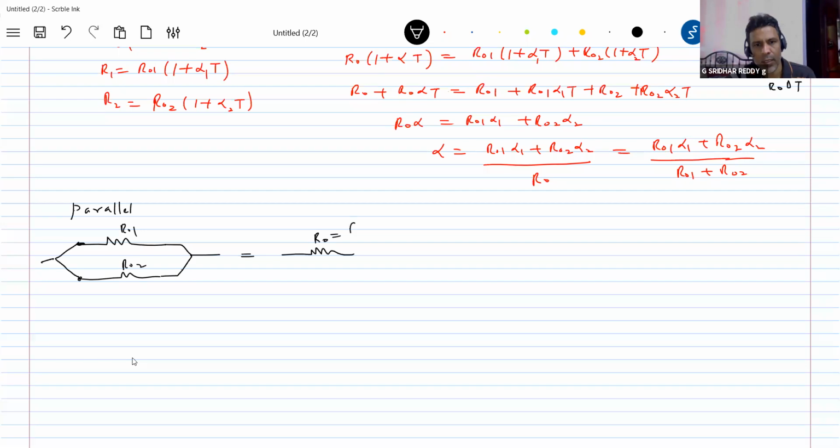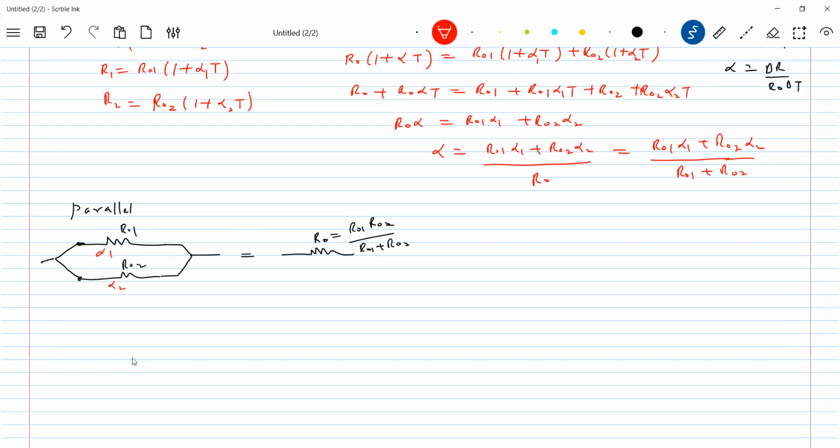That is R0, which is R01 R02 divided by R01 plus R02. Alpha 1 and alpha 2 are the temperature coefficients of resistance. I want the effective alpha.